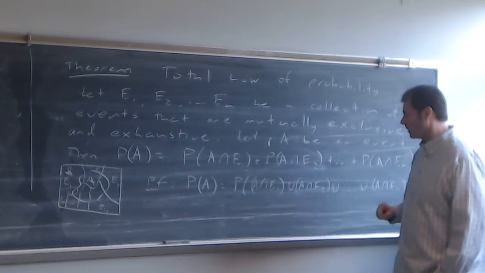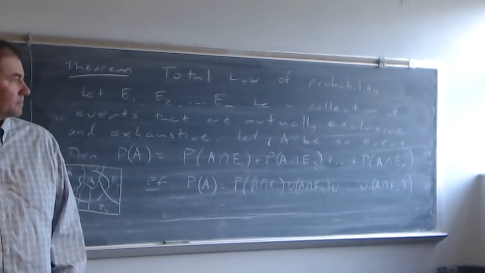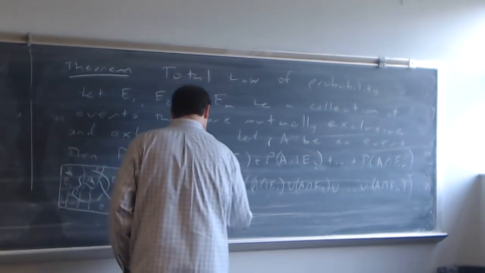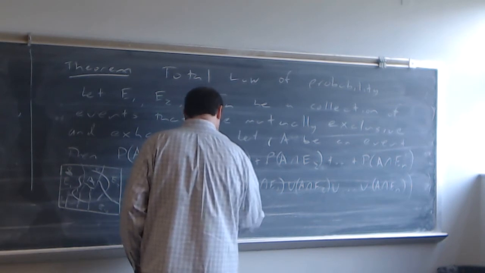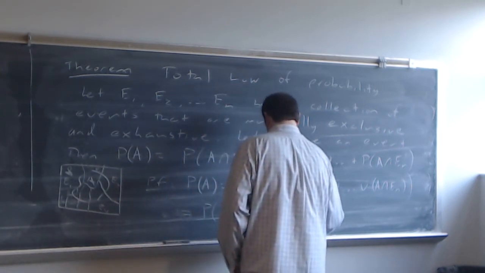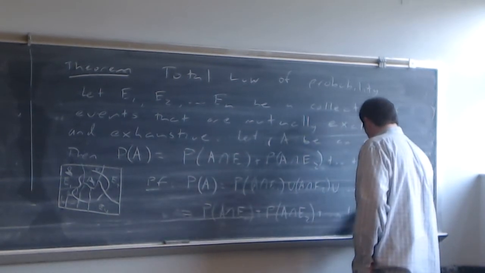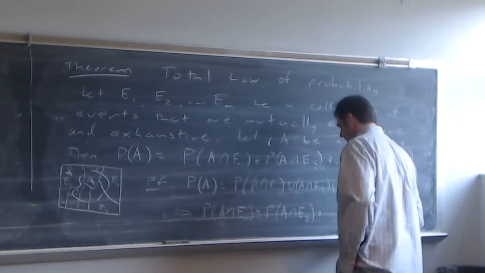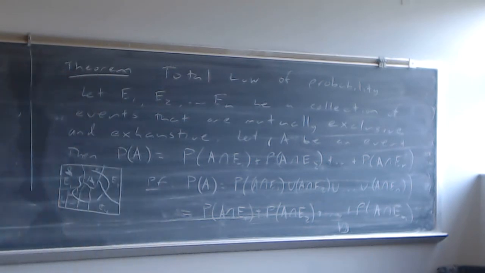And since we're unioning up mutually exclusive events and taking the probability of that union, then by the definition of a probability, that is the probability of the first one plus the probability of the second set plus, and you continue on all the way up to the probability of the last set. And that's what we want to prove. So that ends the proof.